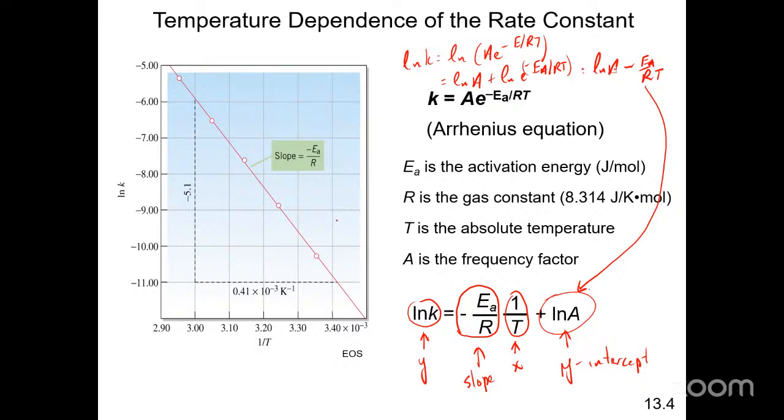In fact, let's do that calculation just for the fun of it. So the slope would be equal to minus 5.1 divided by 0.41 times 10 to the minus 3 Kelvin to the minus 1. So when we work this out, this gives you what?